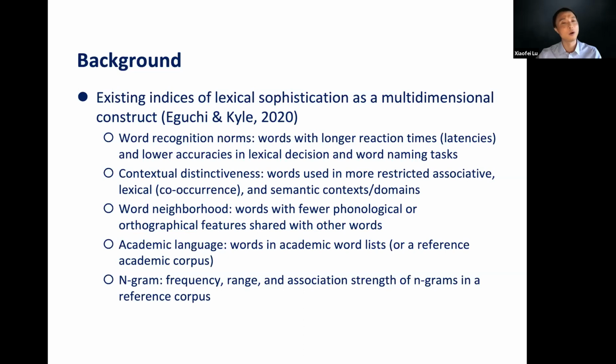Okay, for lexical co-occurrence, this looks at the probability of a word occurring with highly frequent words. Words that occur very often with these high frequency words tend to be easier to access. But if they don't occur frequently with high frequency words, then they are harder. Semantic, people look at LSA, so latent semantic analysis.